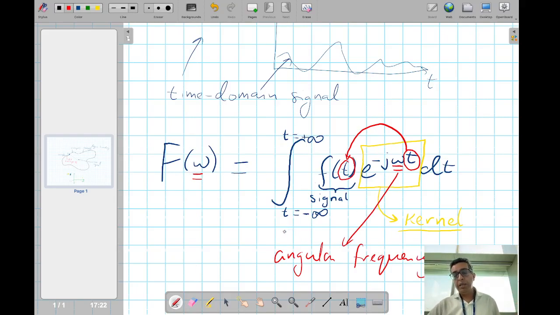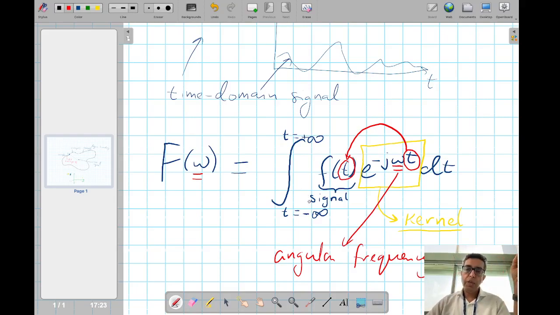So when we do this, we're effectively computing an infinity of integrals and producing a result that tells us how this integral changes as a function of omega. So that's effectively what a Fourier transform does.